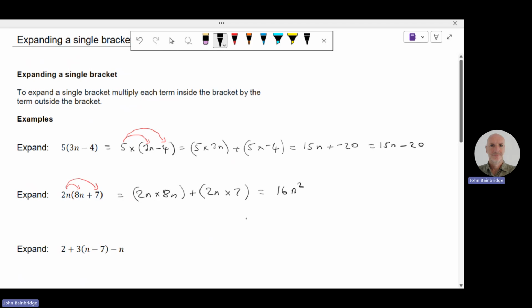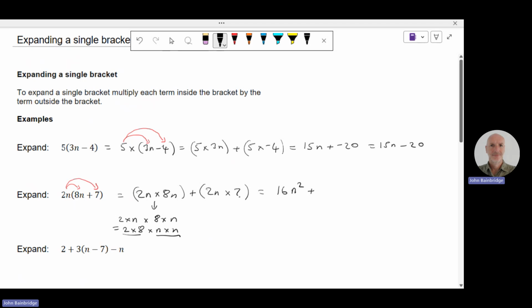So this is 16n squared. Let me just break this down a bit. This first bracket, that means 2 times n times 8 times n. Multiplication, it doesn't matter which order you do it in. So this is like 2 times 8 times n times n. And that's where we've got the 16 and the n squared.